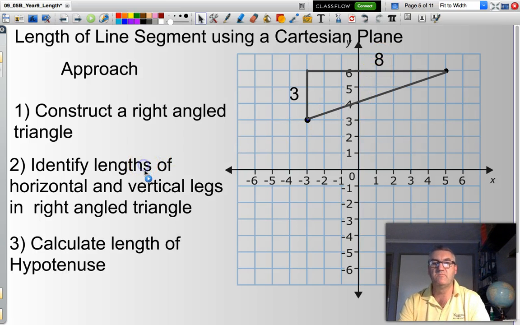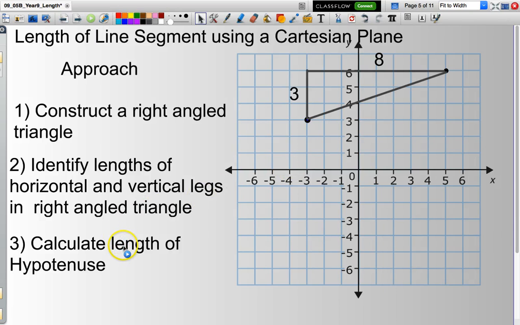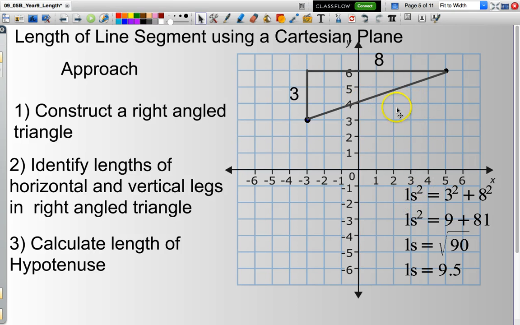Then I know my right angle is here. This is my hypotenuse. So I will calculate the length of the hypotenuse using Pythagoras. So ls squared, this length here, I've just called ls for line segment, equals 3 squared plus 8 squared. If you follow the maths all the way through, the length of my line segment will be 9.5.